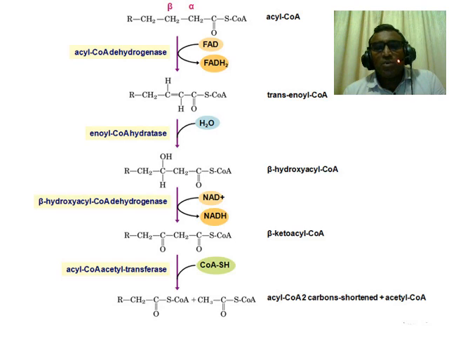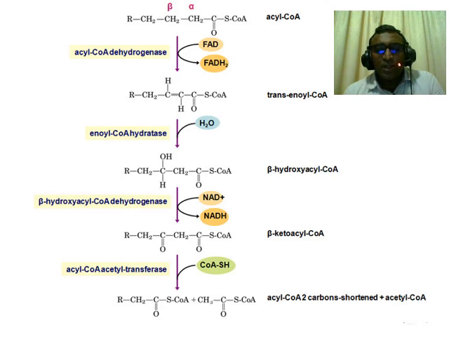And then the next step is hydration, where the trans-enoyl-CoA will undergo hydration, and it's followed immediately by another redox reaction where it will undergo oxidation as well as reduction, the formation of NADH, and the ketoacyl-CoA will then be ready to be cleaved and remove 2 carbon to become acetyl coenzyme A, and the acyl-CoA now has 2 carbon less.